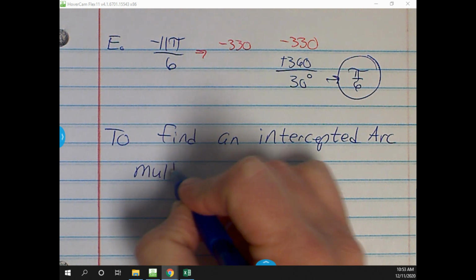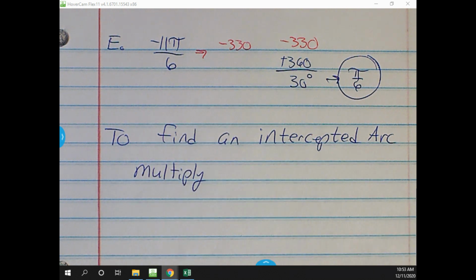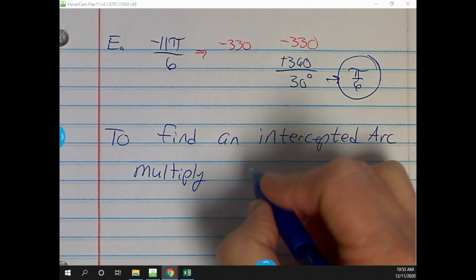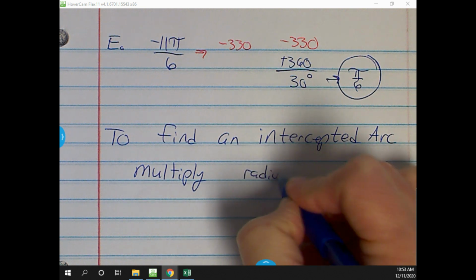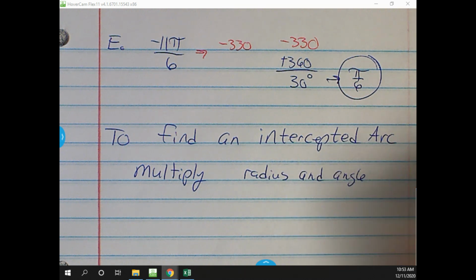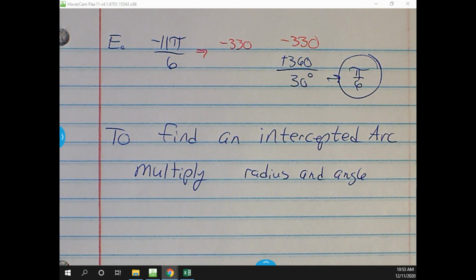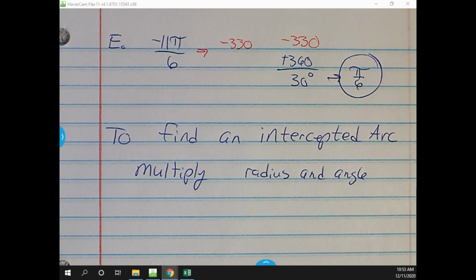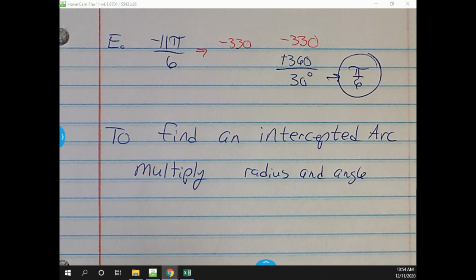Again, arc is just a part of a circle. You're going to multiply the radius and the angle.